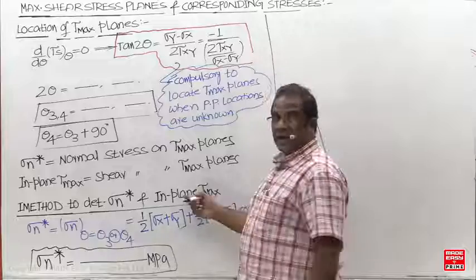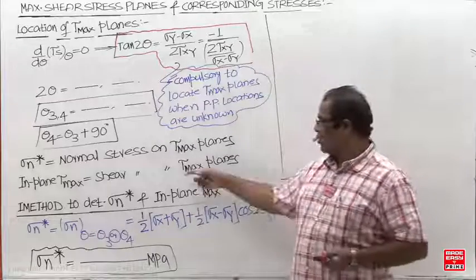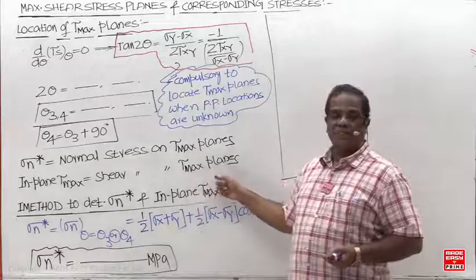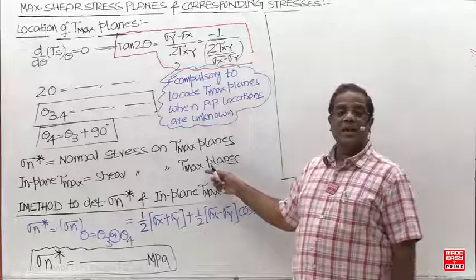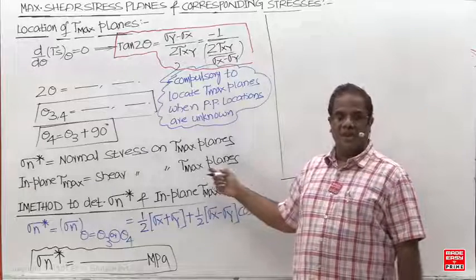Next, how to get the in-plane tau max? In-plane tau max is the shear stress on tau max plane. Now to get it, shear stress on any plane is determined by using the tau equation.